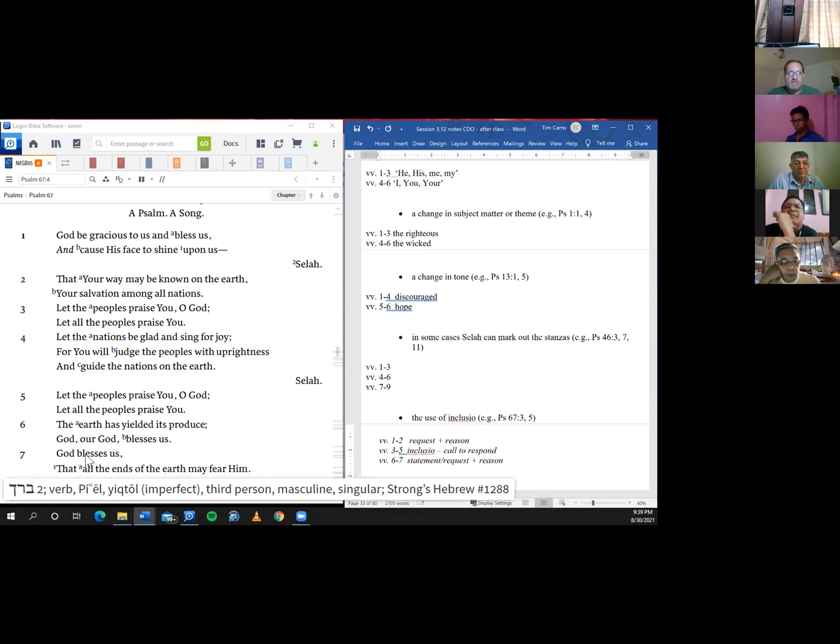And then verses 6 and 7, it's not a command. In this case, it's indicative. It's a statement with a reason. You guys see that? It's a grammatical difference. This would be indicative. Verses 3 to 5, imperative. Verses 6 and 7, back to indicative.